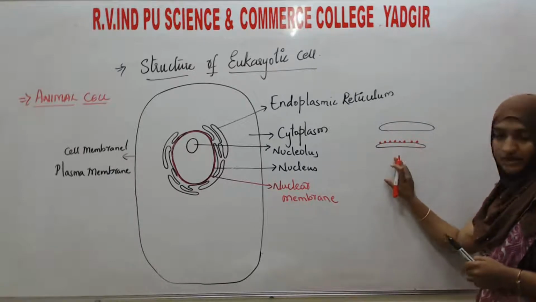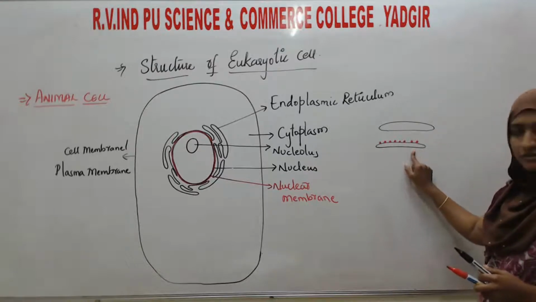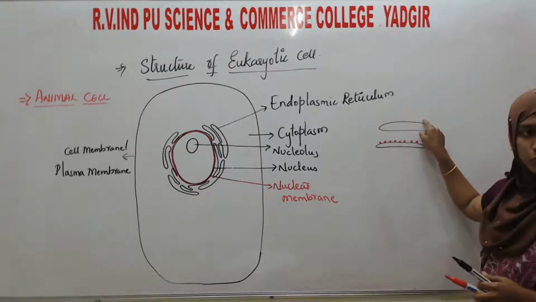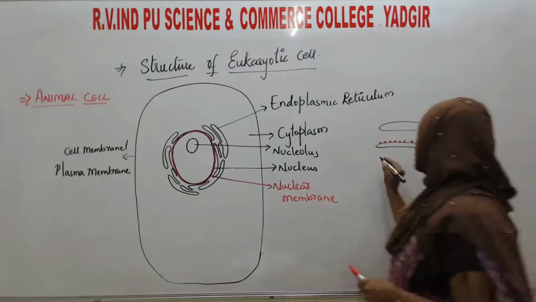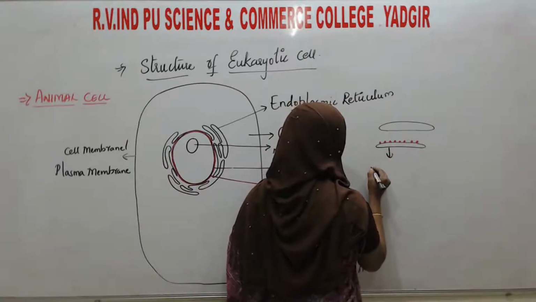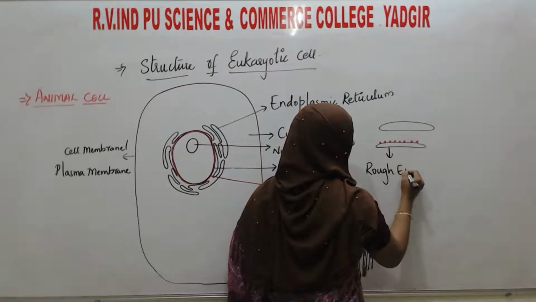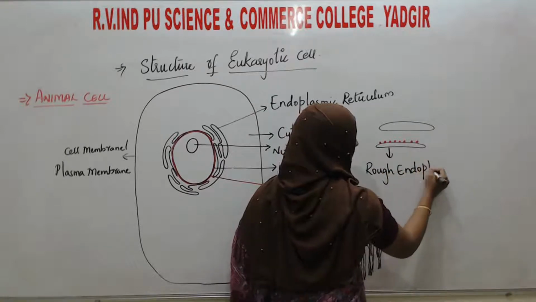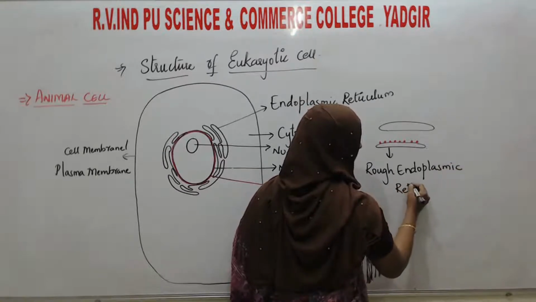The surface is rough here, and the surface is smooth there with no ribosomes. This type is known as the rough endoplasmic reticulum.